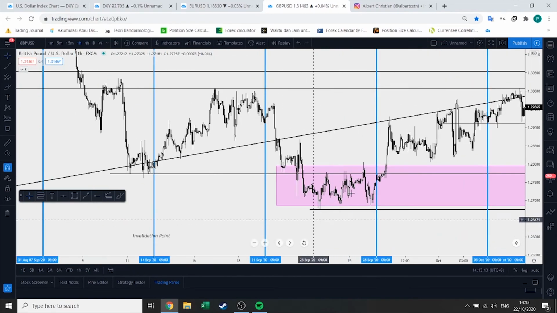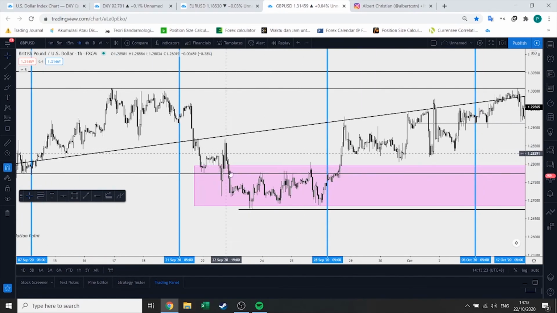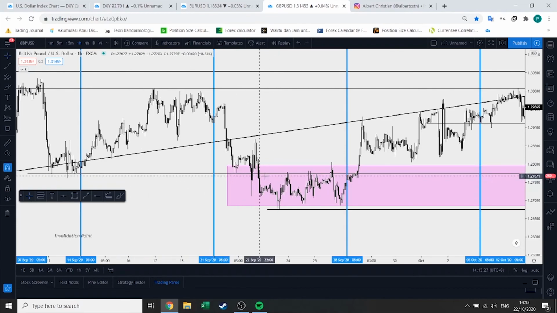But look here. After it broke down the support, so some sell stops, look at how aggressive this move is. So sell stops are being triggered, and then market makers are accumulating buy orders. How do I know this?